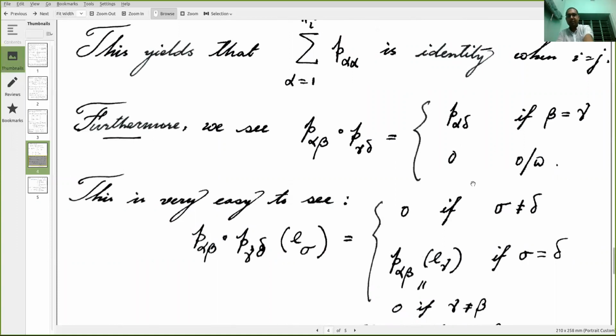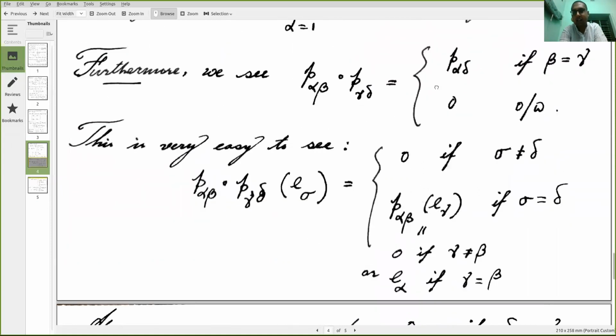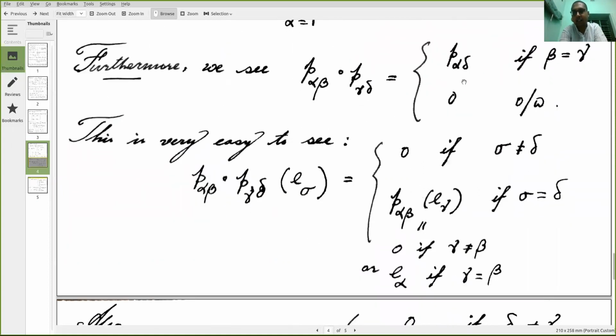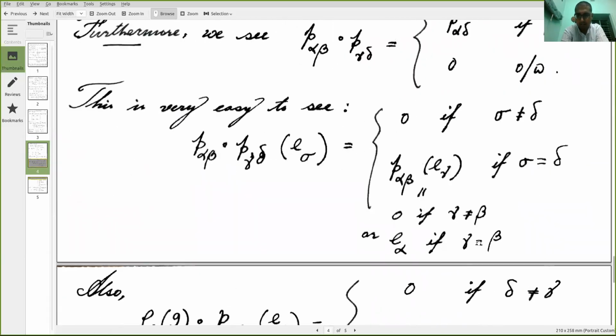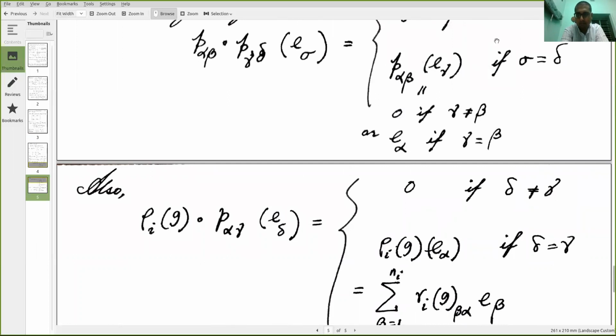I suggest you check it on your own: you just apply it on any basis vector E sigma, then you will see the effect of applying this on E sigma is the same as the effect of applying this on E sigma. And this is because of the following. That's what we are discussing.